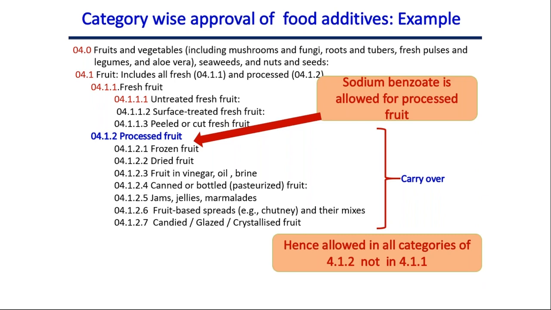So I look up the table and I find that sodium benzoate is allowed in frozen fruit, and so I can use this in 4.1.2, but I find that it is not allowed in 4.1.1, so I cannot use it there. I can only use it in 4.1.2.